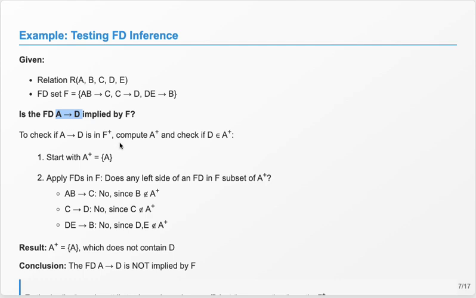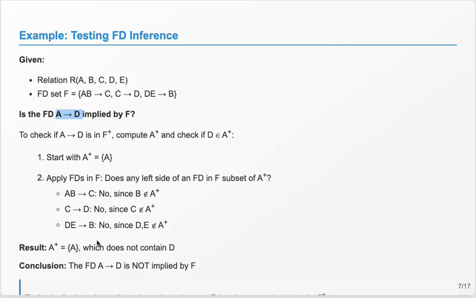So basically, we need to compute the closure of A, and then we need to check whether D is in the closure of A. To do that, we start with A, which is the given attribute, and then we iteratively add the attributes that can be functionally determined by A. First we got A, and then we see that AB determines C is not going to help because B is not determined by A, and C determines D is not helping, and DE determines B is not helping with the closure of A either.